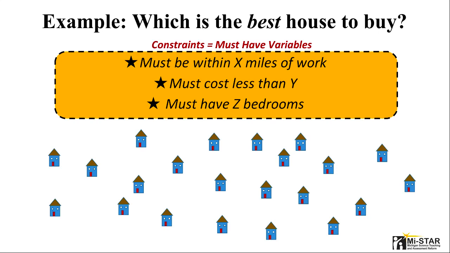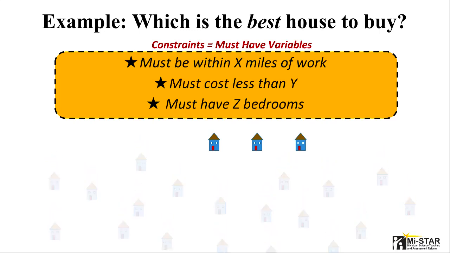These constraints immediately restrict the number of potential houses that we could possibly purchase. If the house does not meet the constraints, then it is not a possible solution and can be removed from the list. In this example, there are 3 houses that meet our constraints, and so we are left with only 3 possible solutions. We should consider each of these houses as a particular decision option, A, B, and C.